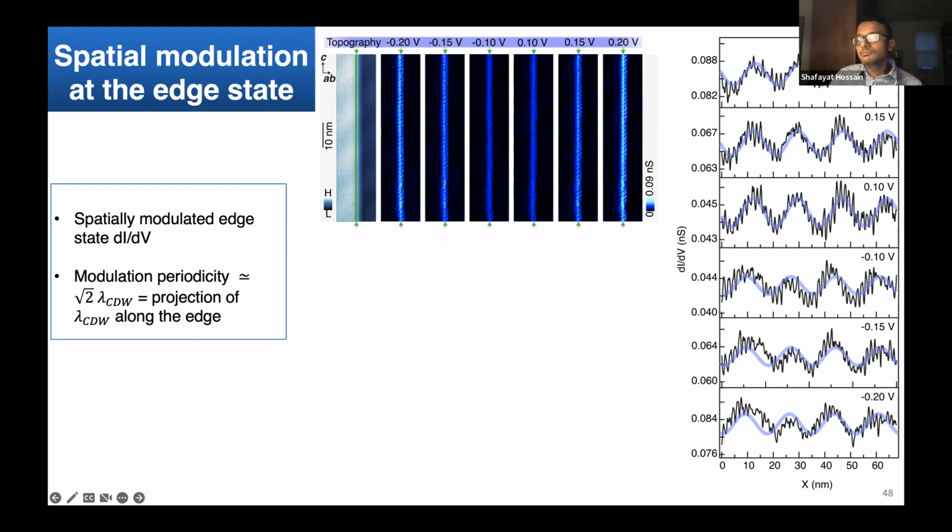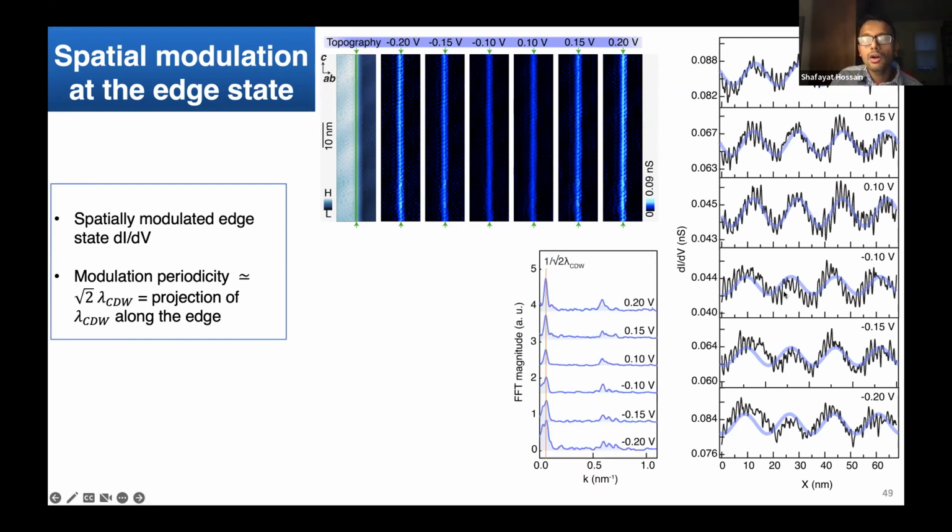But the most important thing is, yes, there is oscillation in the dI/dV along the edge, and this oscillation persists in all these in-gap voltages. The oscillation periodicity matches reasonably well with square root of 2 lambda CDW. These purple curves are sinusoids with square root of 2 lambda CDW wavelength, and you see they match reasonably well.